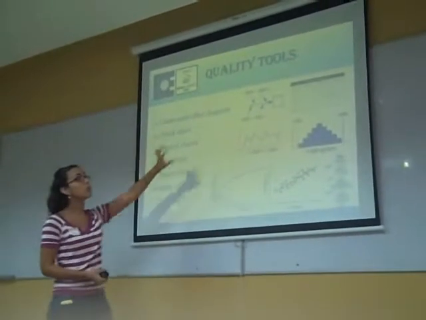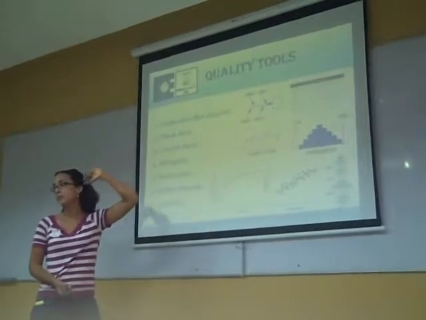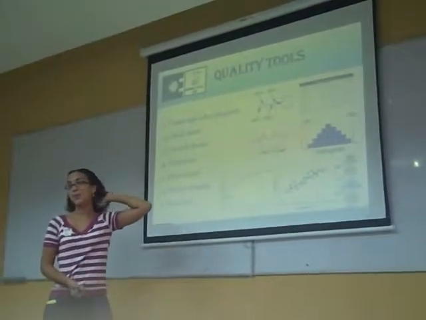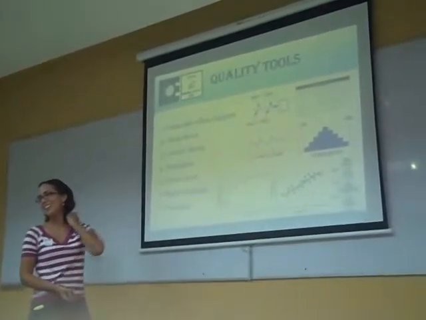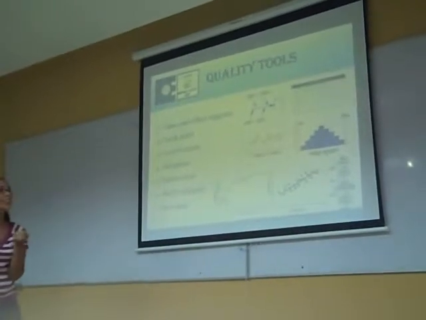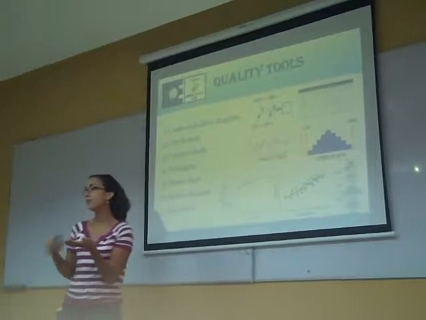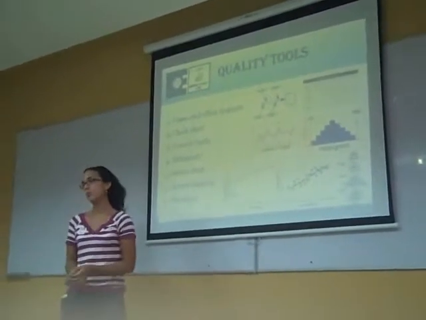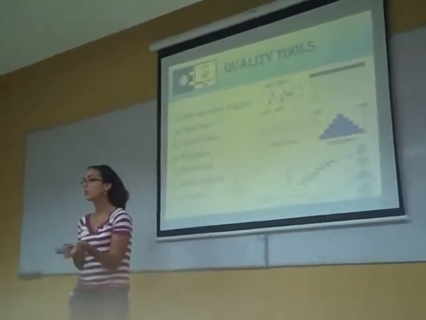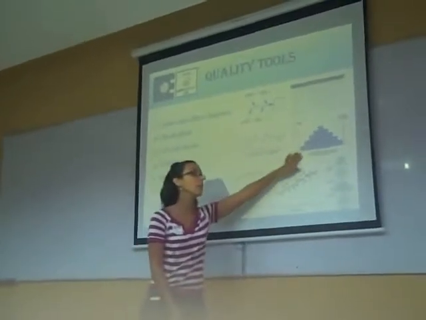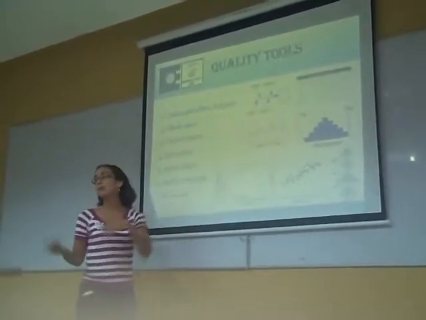It's a form that you have to fill. No, it's not the Gantt chart. It's a form where you register things that happen in the production plant. And then you can use this information to make a histogram or a Pareto diagram.